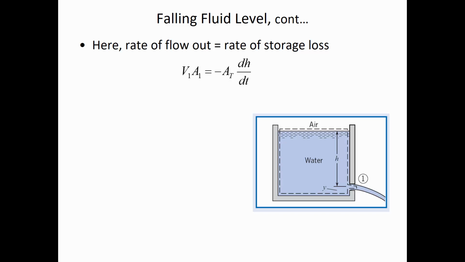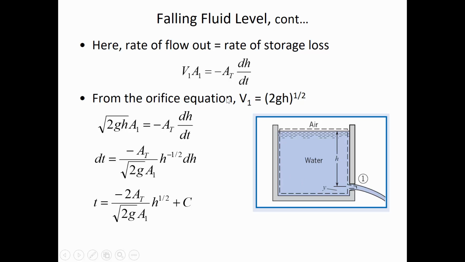So A sub t is the top view area of the container. And then dH/dt is how quickly the liquid level is falling over time. Similar to what we just did in the previous example, but instead of the liquid level increasing, if we only have flow out, the liquid level will be decreasing.